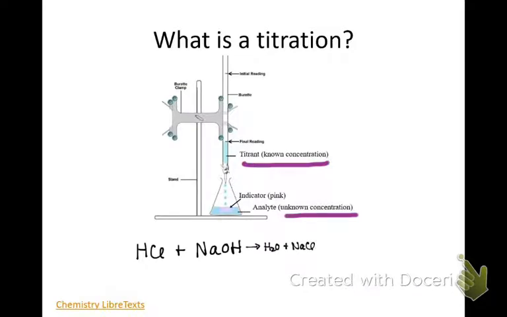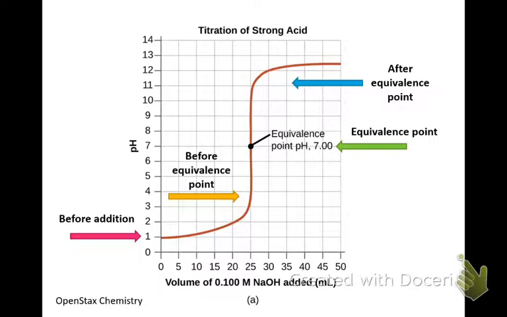And so here we're controlling the amount of NaOH that we add, so that we can learn more about the HCl solution. And so if we were to measure the pH of that mixture over the whole range of NaOH that we add, we could see that the pH would change like this.